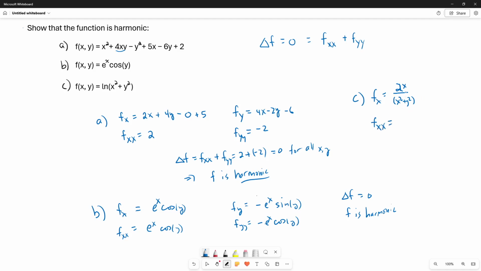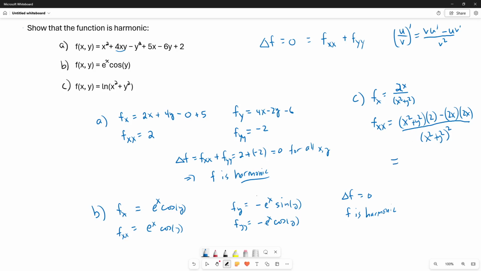Then f sub xx will need the quotient rule. The quotient rule says the derivative of u over v is the bottom times the derivative of the top minus the reverse, divided by the bottom squared. So we have x squared plus y squared times 2 minus 2x times the derivative of the bottom, and we're doing our derivative with respect to x, so that is 2x plus 0, and then divided by the bottom squared, x squared plus y squared squared.